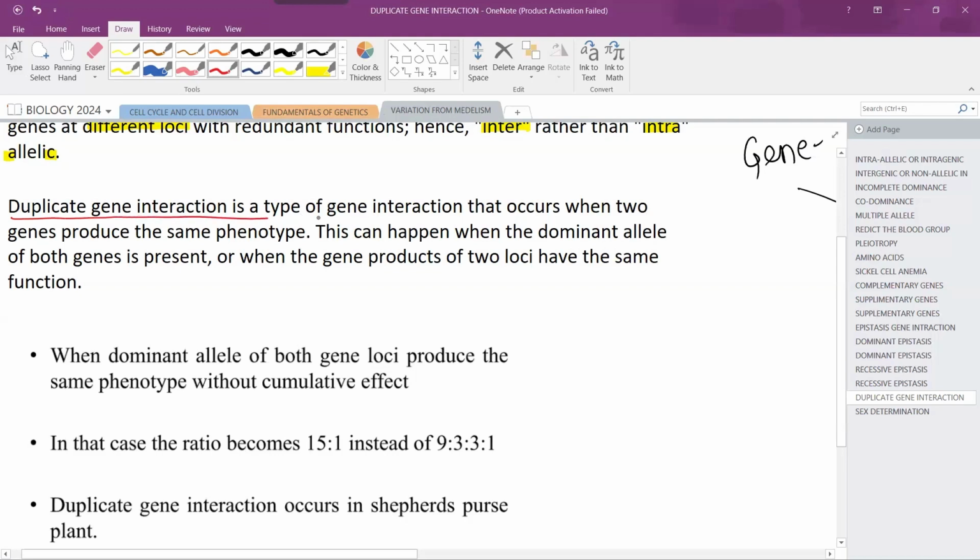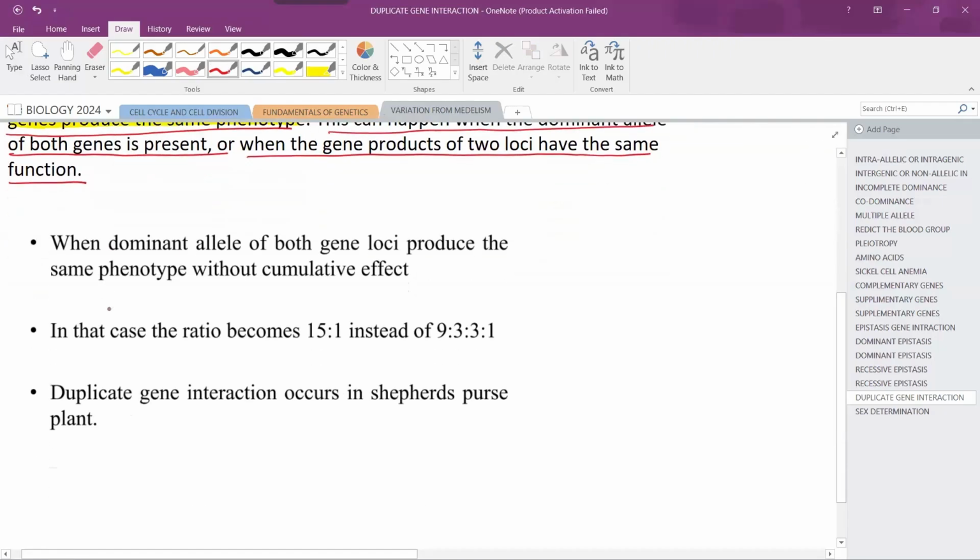Duplicate gene interaction is a type of gene interaction that occurs when two genes produce the same phenotype. This can happen when the dominant allele of both genes is present, or when the gene products of two loci have the same function.